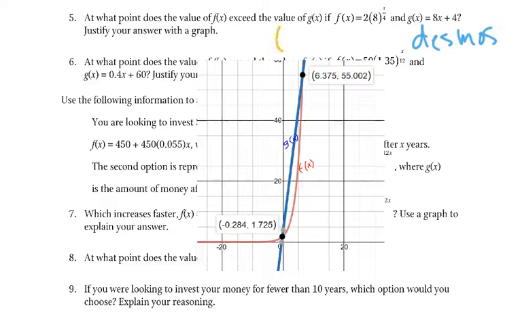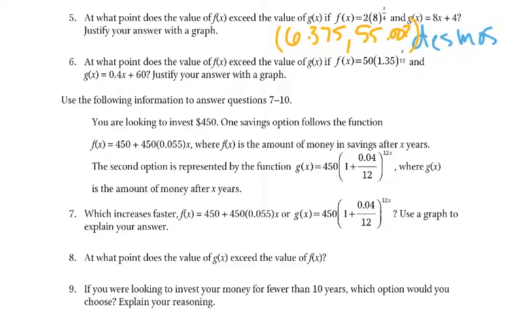So, at what point? It's 6.375, comma 55.002. Okay, and really graphically is the best way to figure that one out. I mean, you could make a table, you could try to solve them together, but that's your best option.